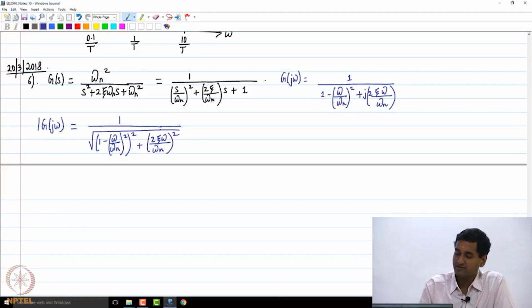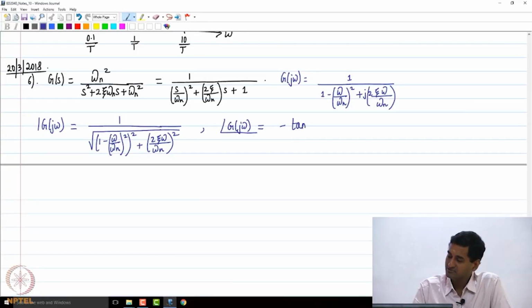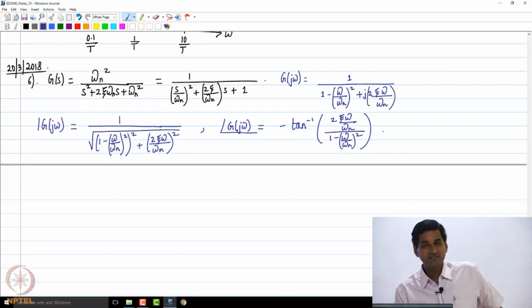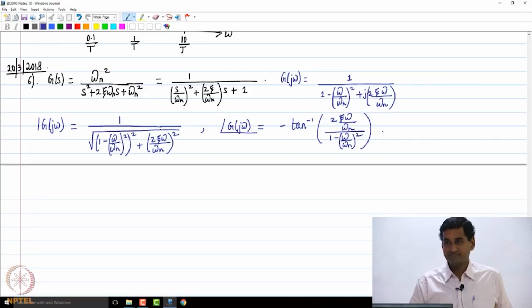Then the phase of this sinusoidal transfer function is going to be minus tan inverse of 2 zeta omega by omega n divided by 1 minus omega by omega n whole square. Pretty straightforward algebra.